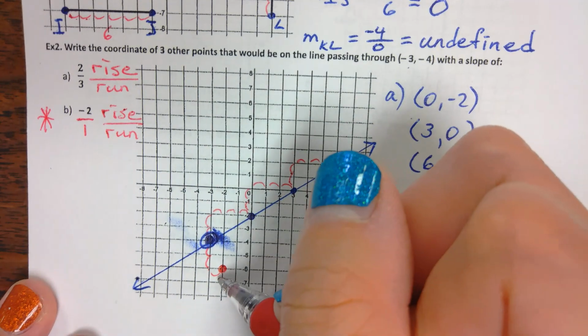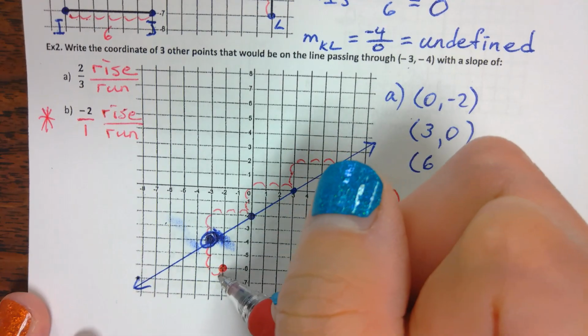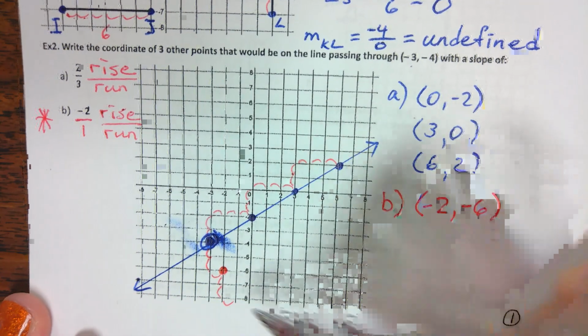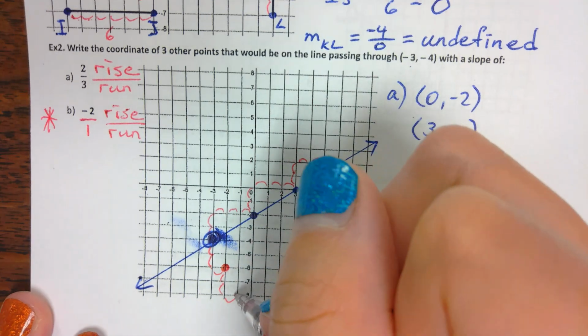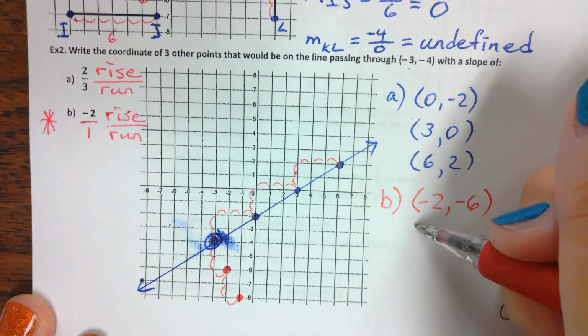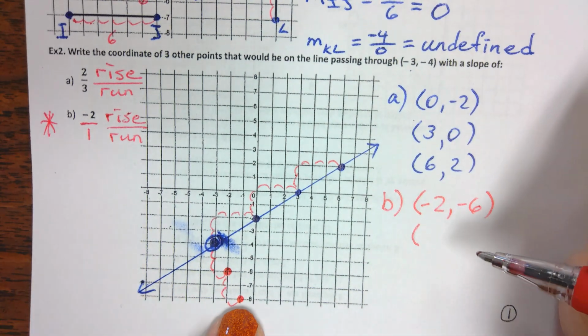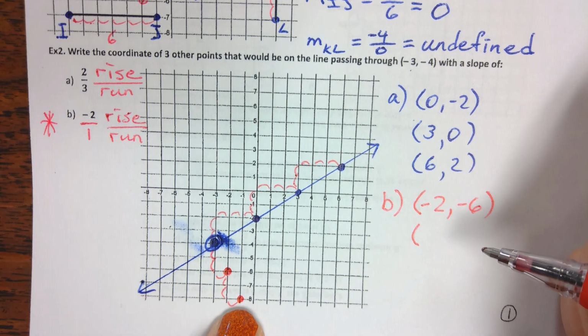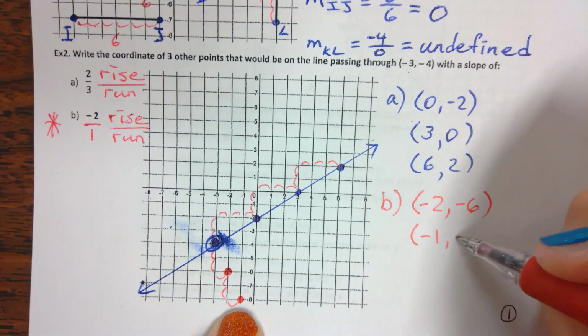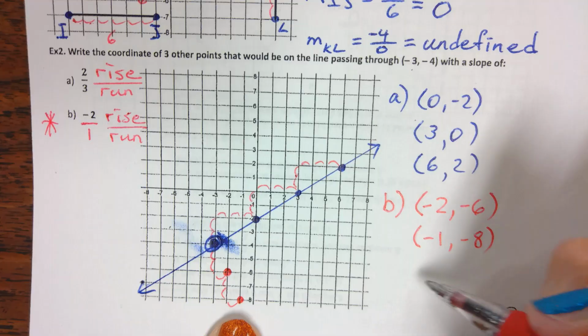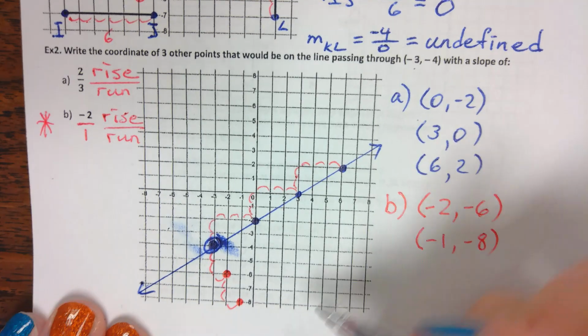Okay, and then let's do another one. Find my other friend. Down 2 over 1 brings me to this second point. What's the coordinate of that point? -1, -8. And then I need one more point, but I ran out of room here.